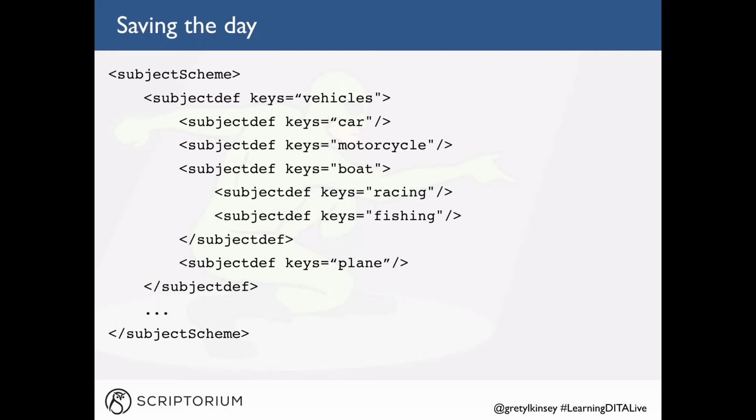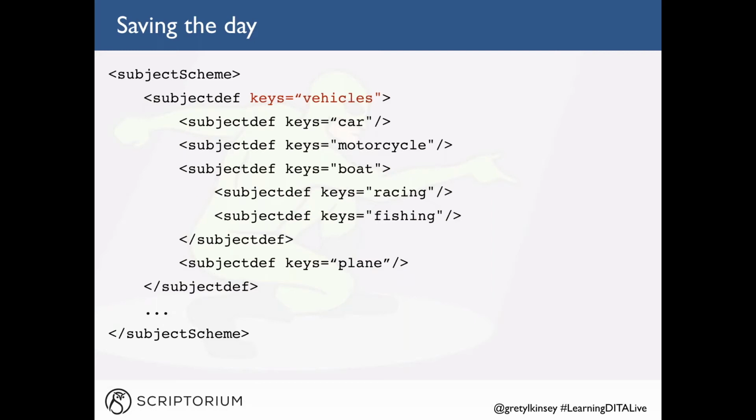This code sample shows the general setup of a subject scheme map. So let's break down all the pieces and parts here. First, we have our containing element, and that's just called subject scheme. That contains the entire map. And then within that, we have a subject def element for each one of our controlled values.